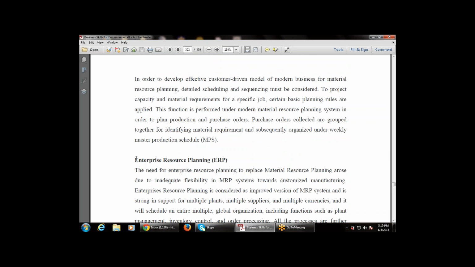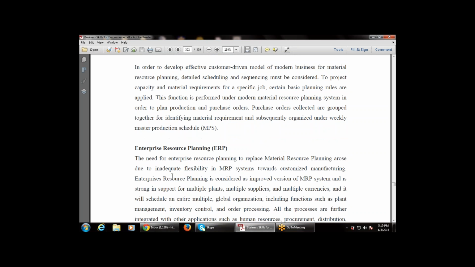Then ERP, that is enterprise resource planning. The need for enterprise resource planning is to replace the material resource planning due to inadequate flexibility in the MRP system. So why is there a need for ERP to replace MRP? Because there are so many limitations, and one of the major limitations is flexibility in the MRP, that is material resource planning.